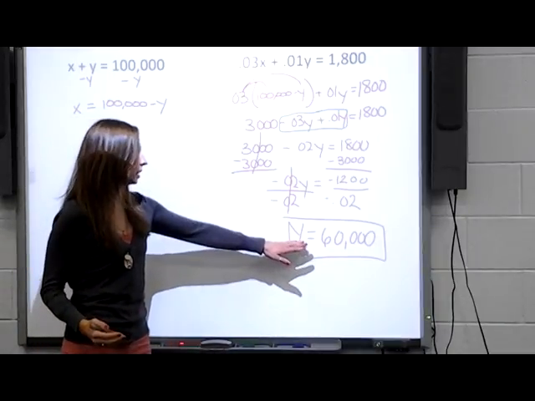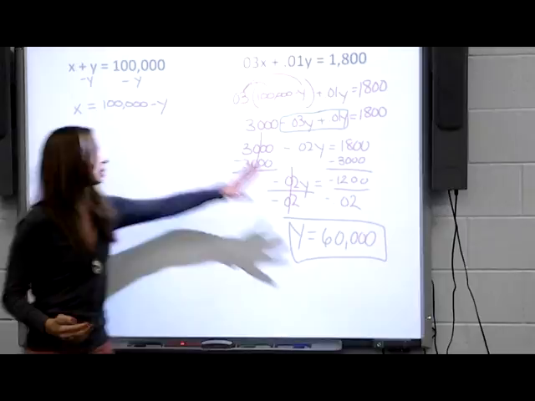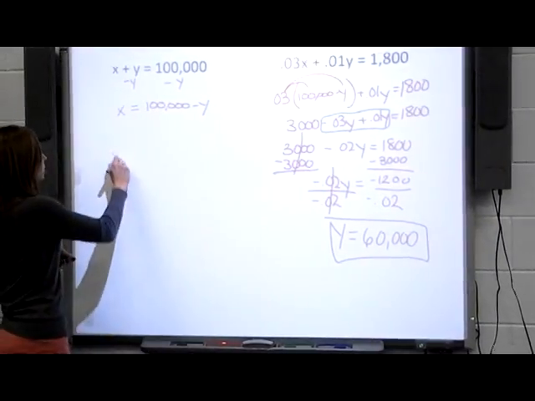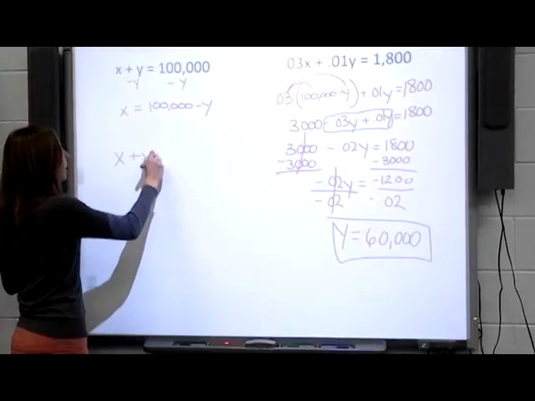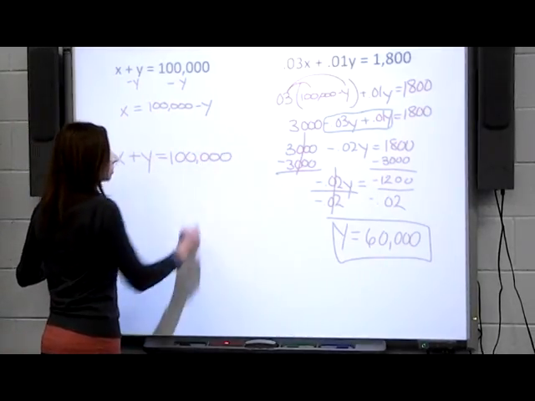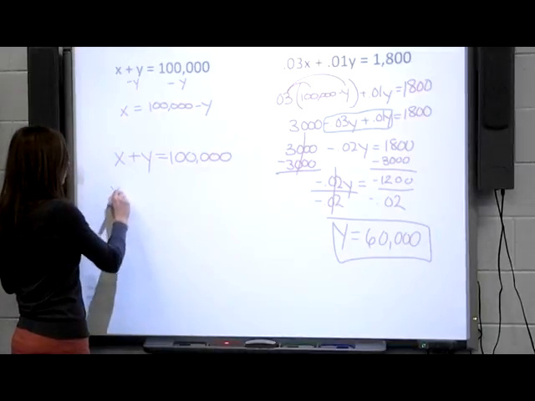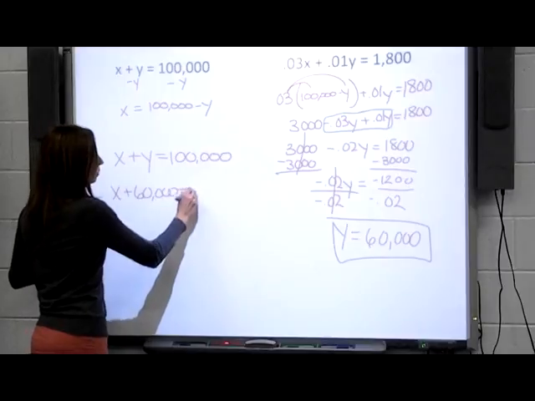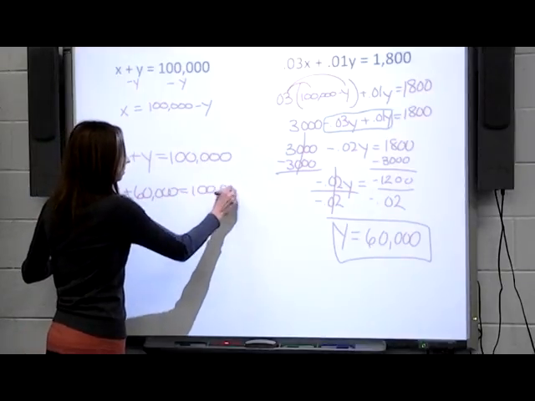So now what we need to do is take this answer and substitute it back into our original equation, which is x plus y equals 100,000. So x plus 60,000 equals 100,000.